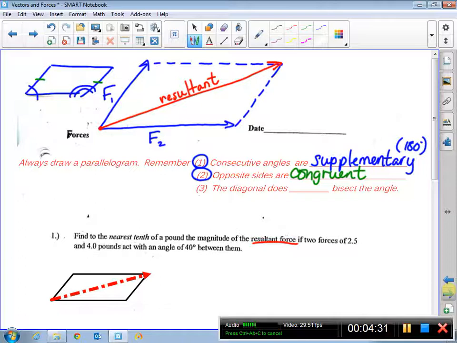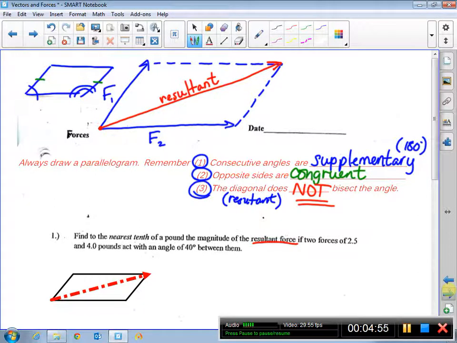And the diagonal of a parallelogram, in our case the resultant, this red resultant vector, does not bisect the angle.